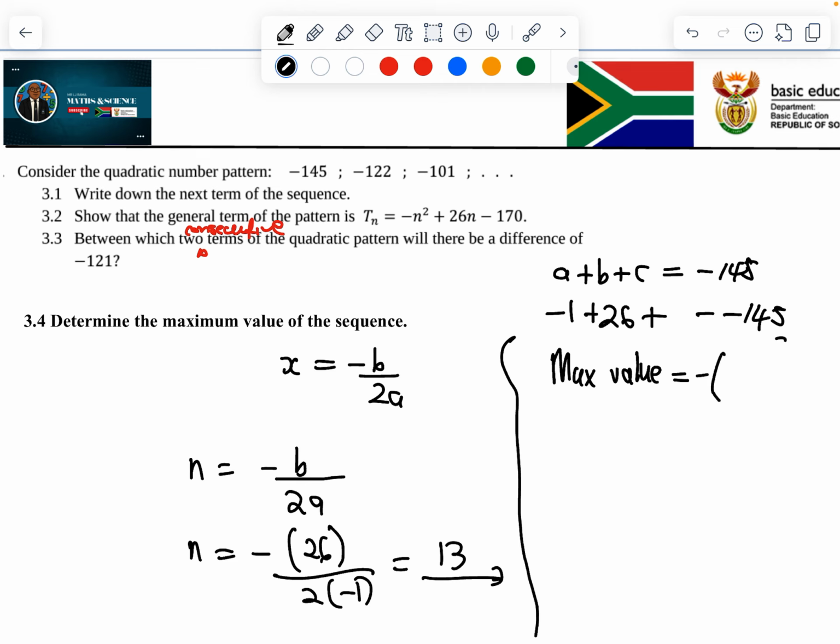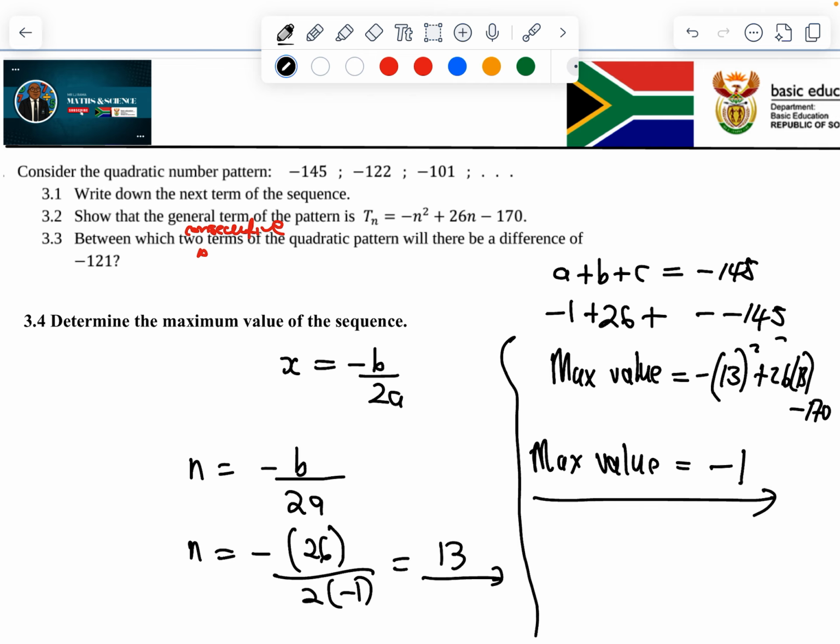So it's going to be minus into 13 all squared plus 26 into 13 minus 170. Then you put that into your calculator and you get that your maximum value is basically minus 1.